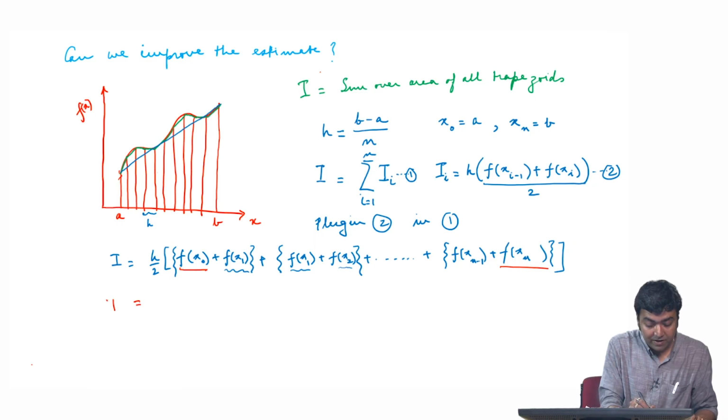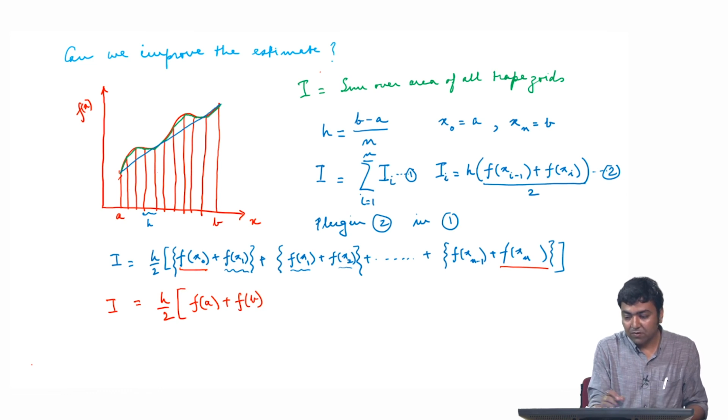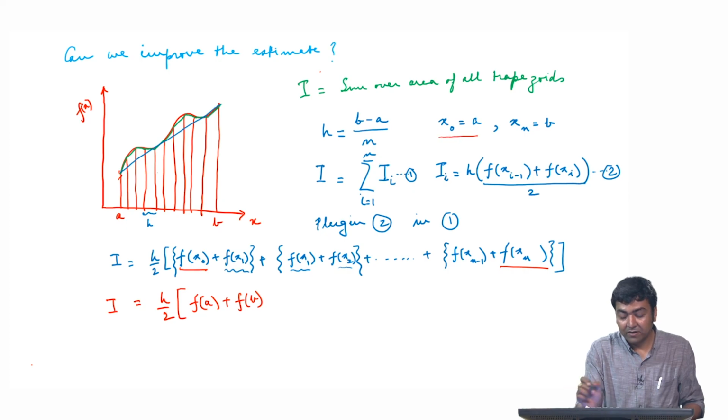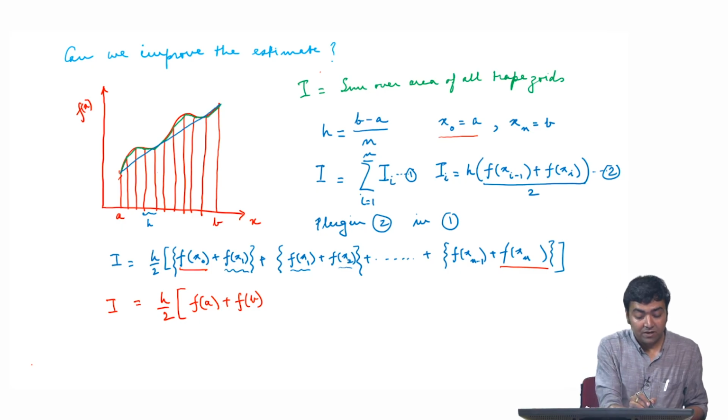Just to simplify this, I rewrite this in the following way. I write my I as h by 2, then f a plus f b, because f x 0 is nothing but by definition the value of the function at x 0, and x 0 is a. So, that will be f a, and the last one is similarly f b.